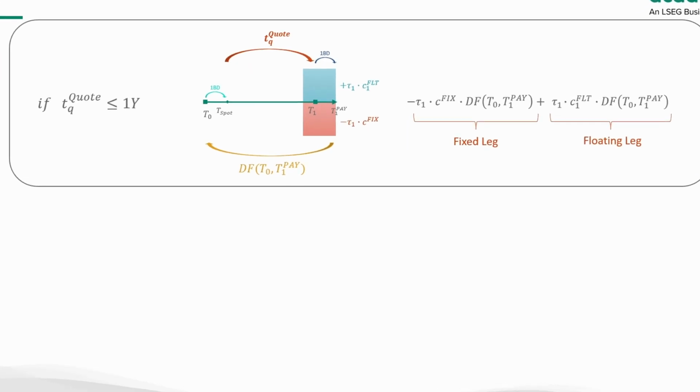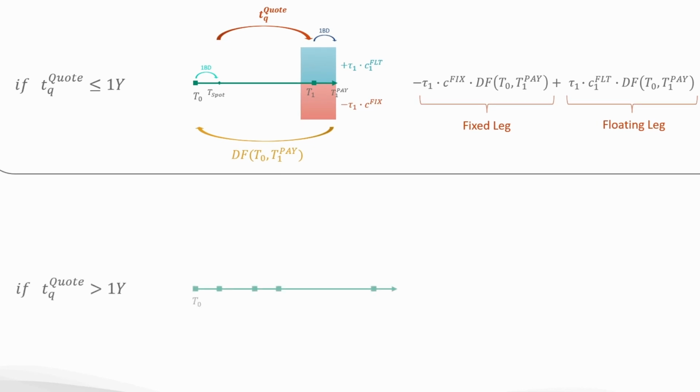The second case is when the quote term is superior to a year. In that case, there's a yearly cash flow starting backward from the maturity date. The spot date and the maturity date are calculated the same way as before. However, now, to calculate the first cash flow date, we remove 1 year from the maturity date, always adjusting the date based on the business day convention.